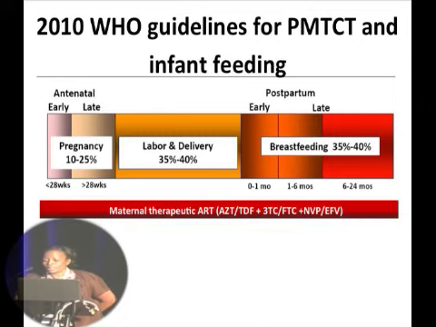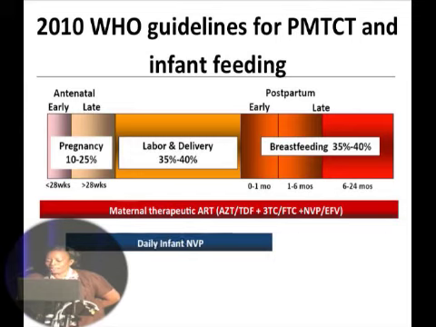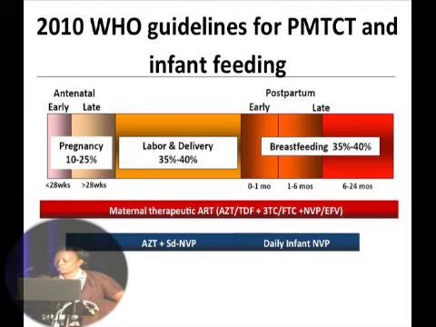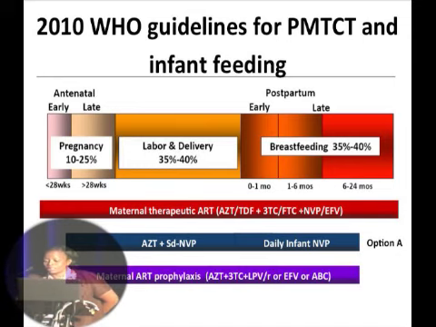But in the 2010 guidelines, it was very clear that we needed to treat the woman for her own health, and the cutoff was 350, as I said. For women who did not need treatment, we needed to give them antiretroviral therapy, AZT at that time, with single-dose nevirapine at delivery, and then continuing single-dose nevirapine to the baby, which was called option A. I just want to highlight this, and I'll come back to this discussion.